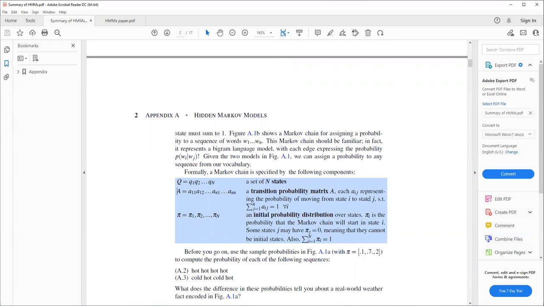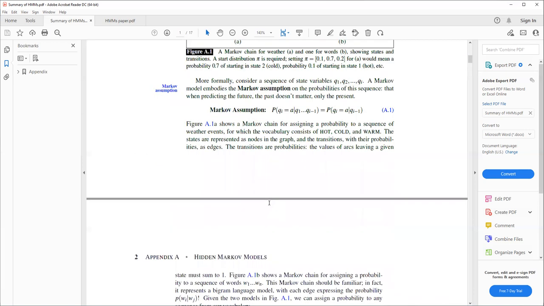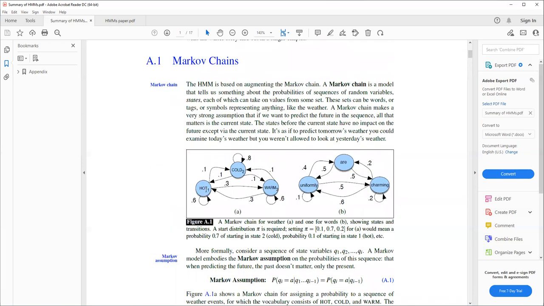From state i to state j, you need to have them such that this is another formula you need to remember: if you sum all the outgoing values from hot, they would sum up to 1 exactly. So you can see this is 0.6, this is 0.1, and the next is 0.3, right? So if you sum it up, it's going to be 1. Similarly, if I take cold, 0.8, 0.1, and 0.1, this is again 1, and so on.